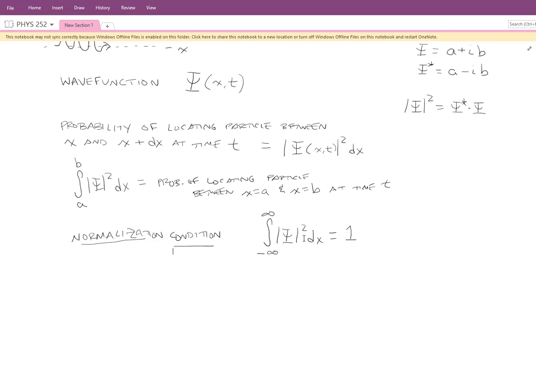All we can say is there's a probability of locating an electron somewhere, for instance. That really bothered him. There's a famous quote, and I'm paraphrasing, that he said, God doesn't play dice with the universe.